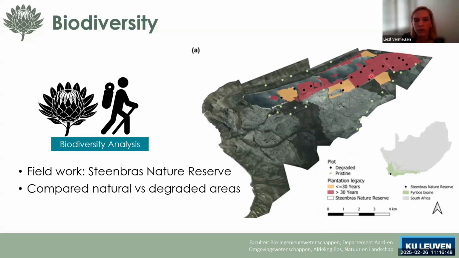So the degraded areas are colored in red and orange. Red means that the plantation that was there in the past lasted longer than 30 years, whereas orange means it was up to 30 years. And then these areas with no coloring are just areas that never had any impact from plantation. So we basically compared degraded areas versus natural areas.